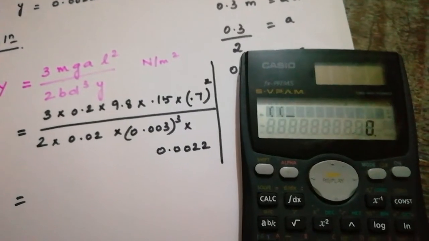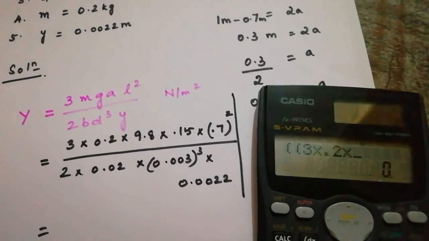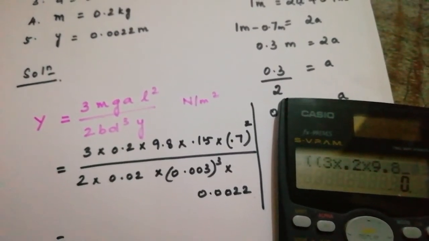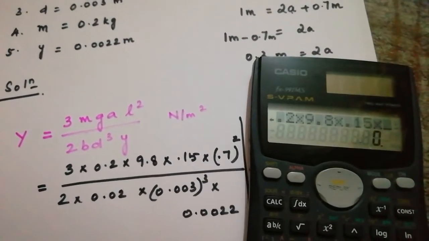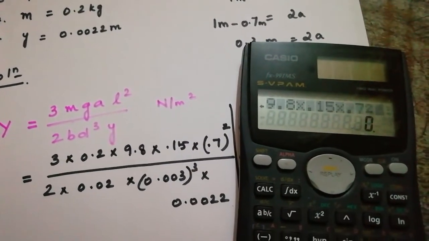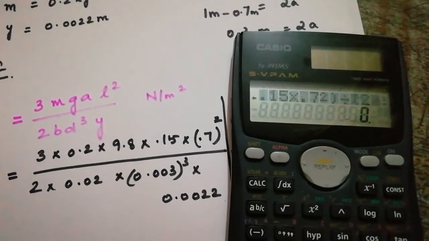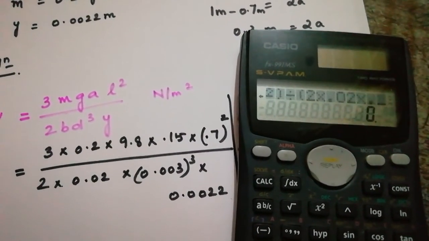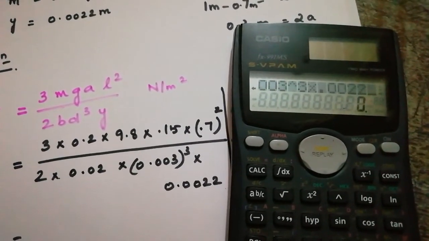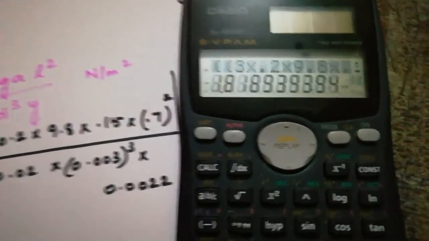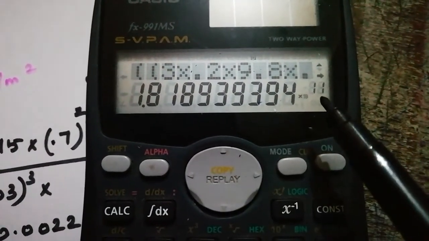So I am using the calculator here. Double bracket 3, m is 0.2, g, a, L square 0.7 the whole square, divided by 2 b d cube into y, closing it with double bracket, is equal to, I've got 1.8189 into 10 power 11.